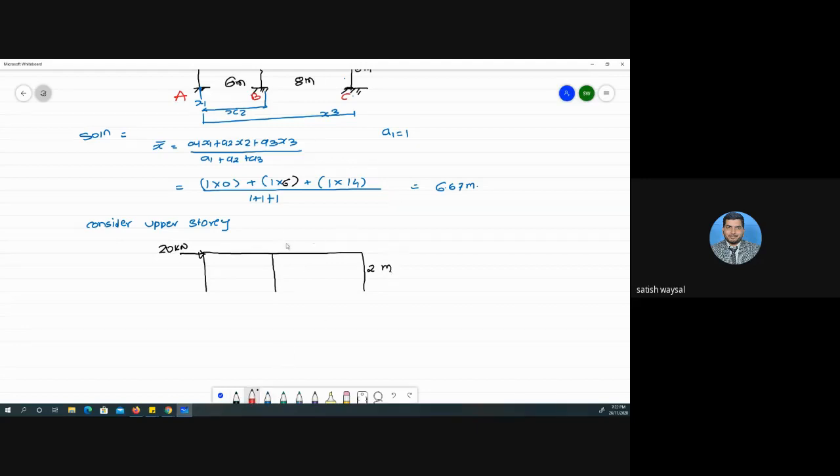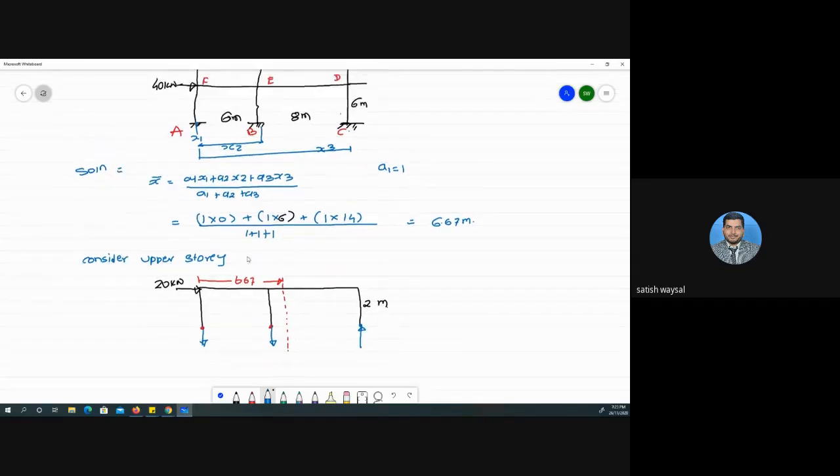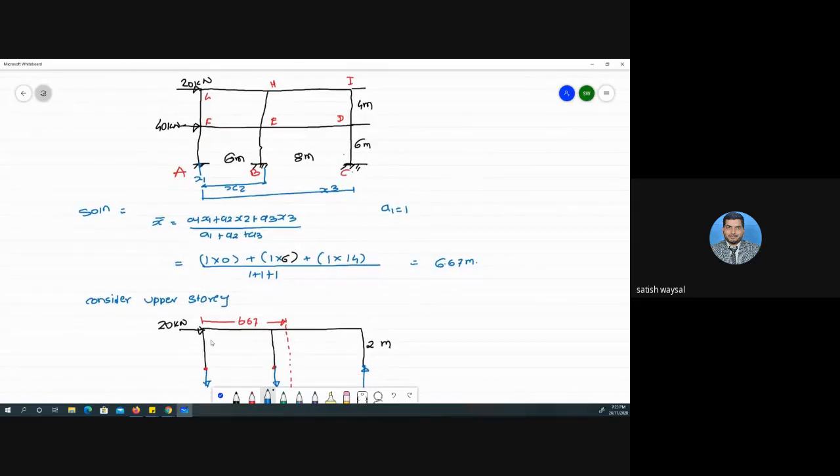We have determined x bar, somewhere here, at 6.67 meter. Beyond this x bar, all forces on the left we consider in a downward direction, and towards the right-hand side we consider an upward direction. In the upper story, the notations for joints are G, H, and I.